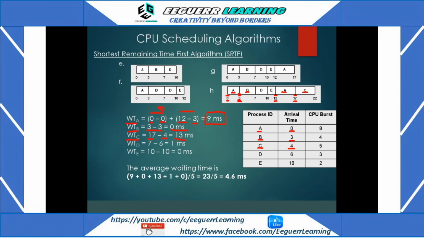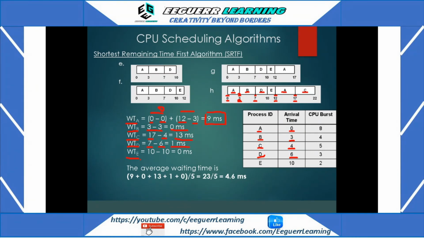Then subtracting will give us 13 ms. Continue solving the waiting time for process D. Look for process D in our Gantt chart and look at the tail of letter D, get the value of 7 and place it here. Look at the table for process D and get the arrival time of 6 and place it here, then subtract, and it will give us 1 millisecond.